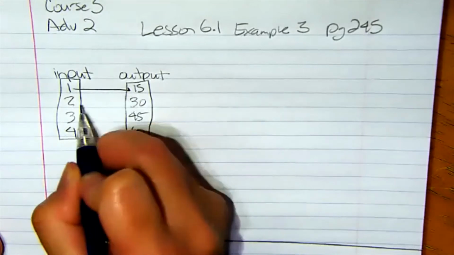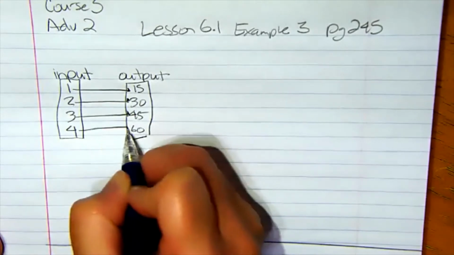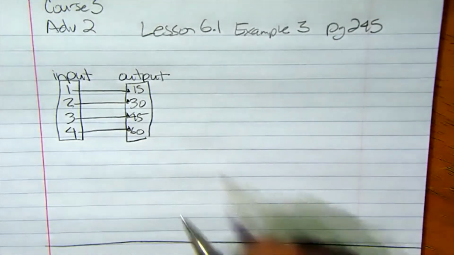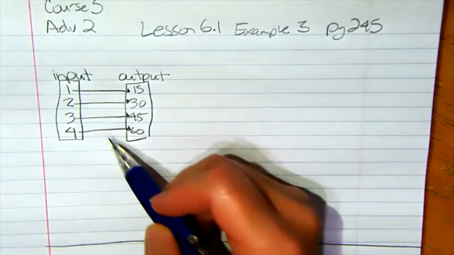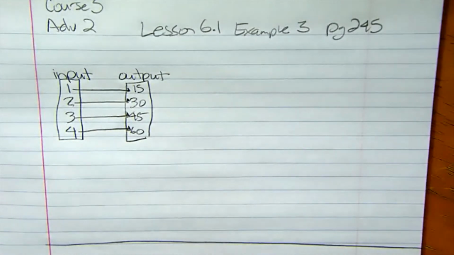And remember, the number of arrows that you see is the number of ordered pairs that you have. So if I have 4 arrows, I'm going to have 4 ordered pairs.